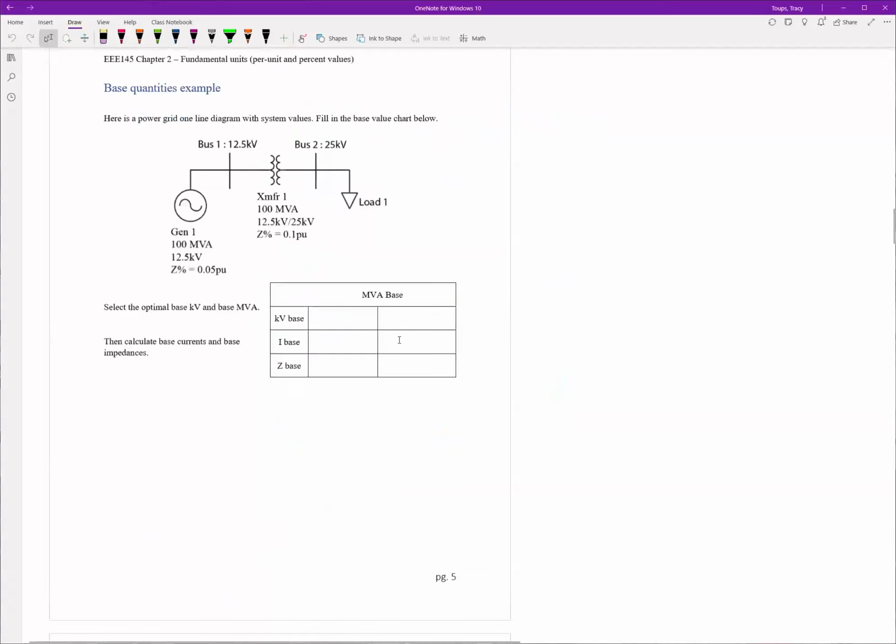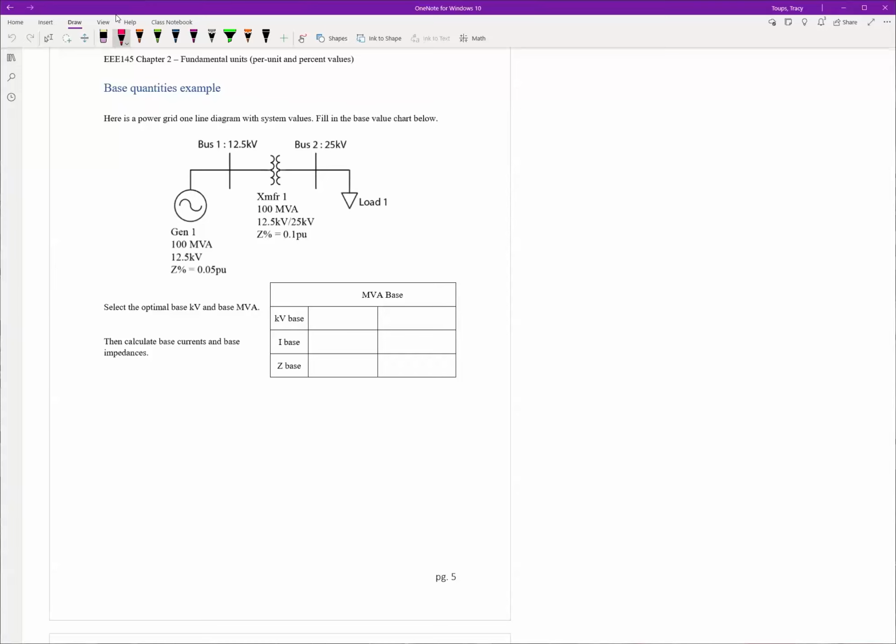Like usual, let's do a quick example to see how it goes. This is one of those where we're going to take a break for about 15 or 20 minutes and let you do the work. I'm going to start it out real quick so you're not 100% confused. Here there's a generator on the left-hand side, 100 MVA, 12.5 kV.